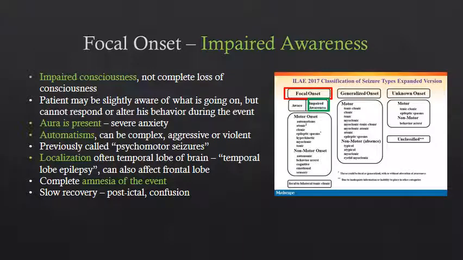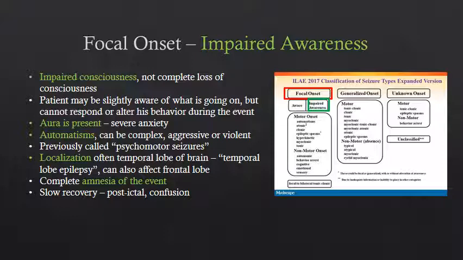Next, we have focal onset with impaired awareness. Here, the patient does not have complete loss of consciousness, and they may be slightly aware of what is going on, but cannot respond or alter their behavior during the seizure event.